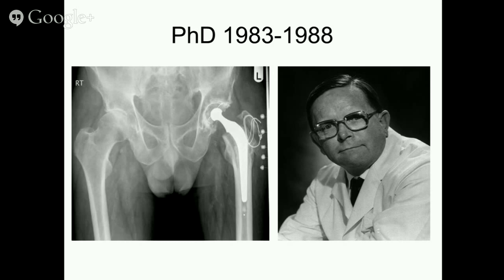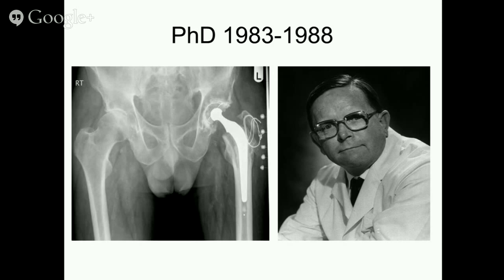And you can see that in the X-ray on the left-hand side. And these were the first really successful hip replacements, low friction, and they survived. And I was asked to evaluate them and evaluate the mobility of the patients in Glasgow that were receiving them.